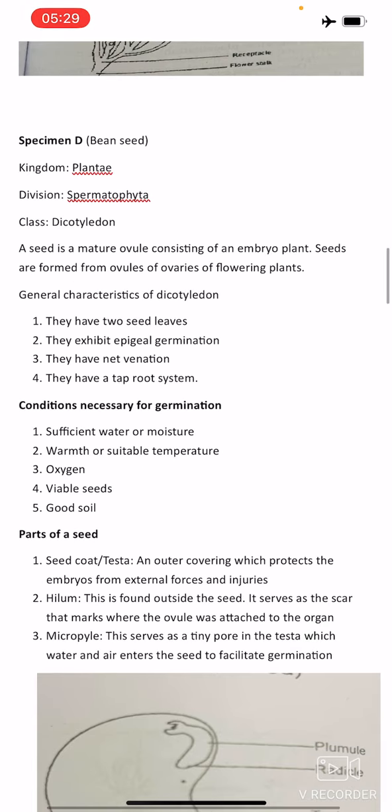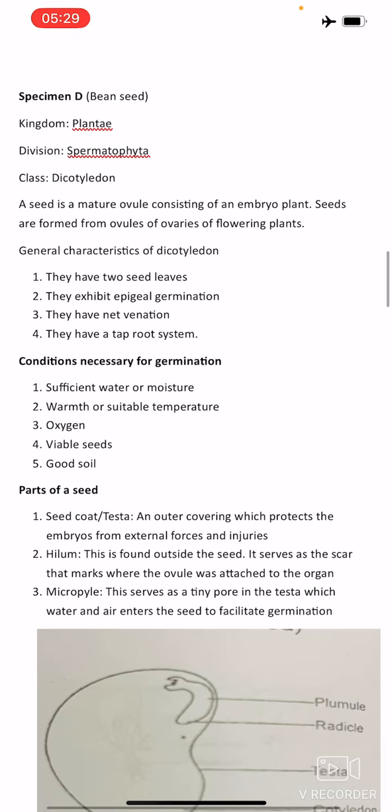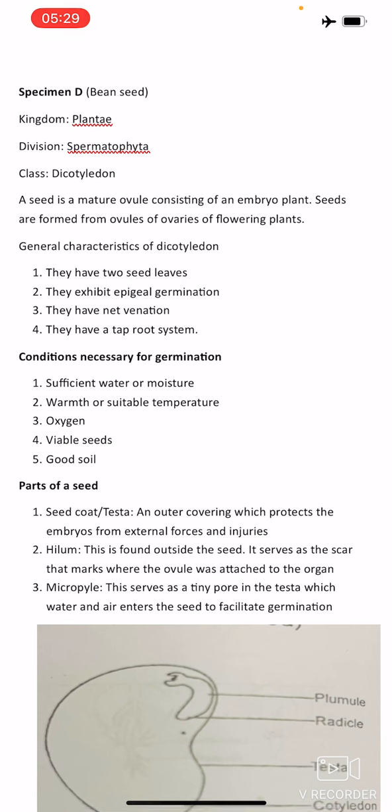Now let's look at specimen D. Specimen D is bean seed. It belongs to the kingdom Plantae, the division Spermatophyta, because we don't use phylum for plants, we use division, and they are dicotyledons.